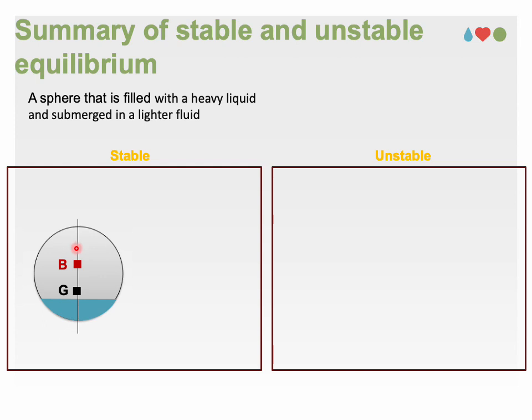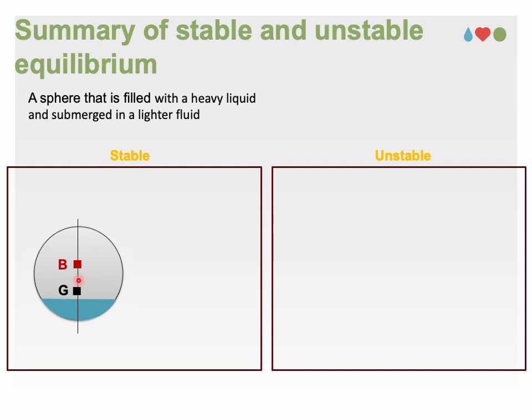This is an object with non-uniform density distribution. This can help to define both stable and unstable equilibrium depending on the object's orientation. According to our discussion, we know roughly where are the center of buoyancy and gravity.